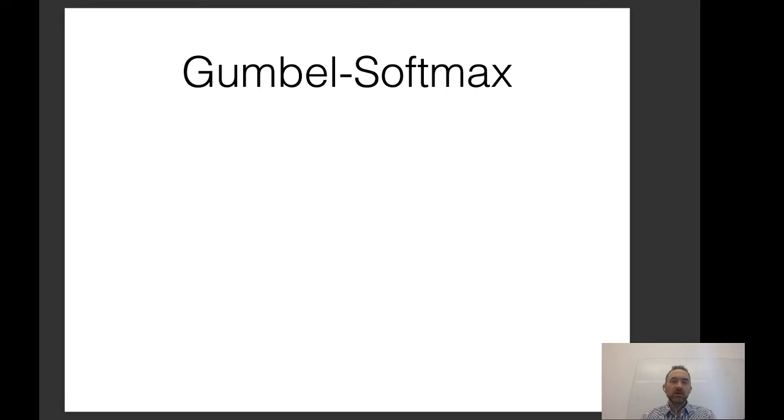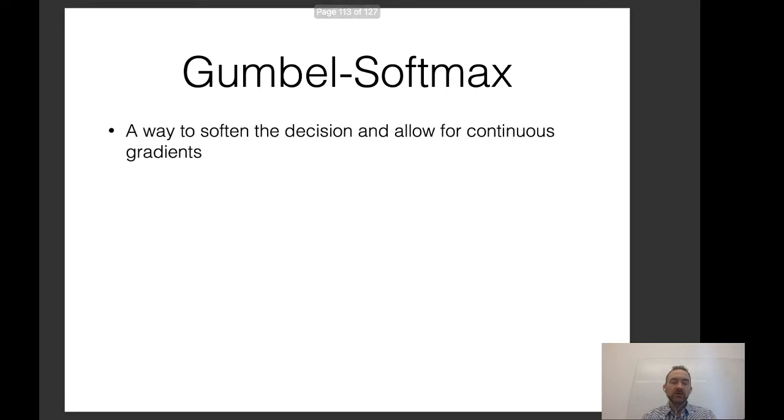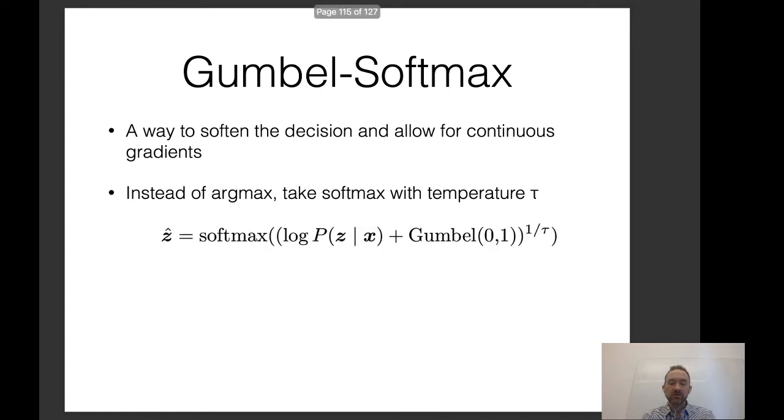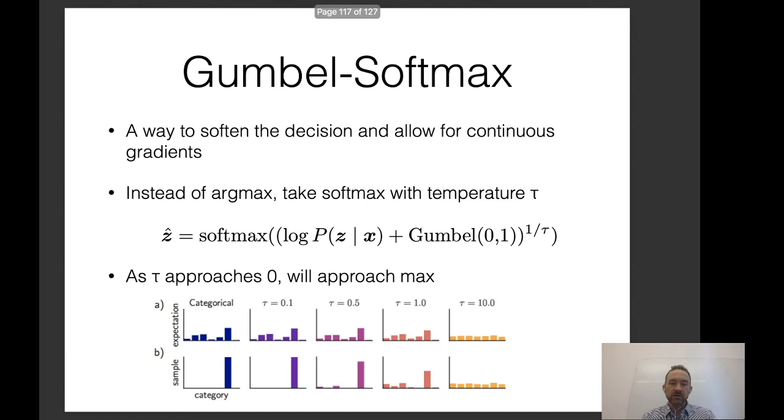A way this can be fixed is using something called the Gumbel softmax, which softens the decision and allows for continuous gradients. Instead of taking the argmax, we take a softmax with temperature 1 divided by tau. As tau approaches 0, this will approach the max.